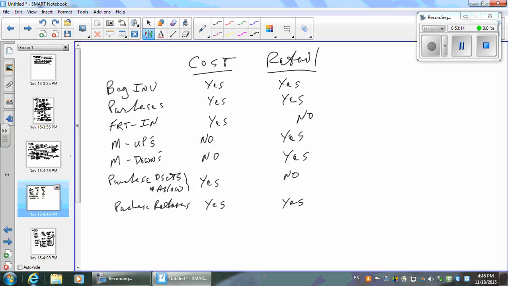Does it affect your inventory? Yes, it comes back in, doesn't it? So I think on a sales return, and the author didn't say this, it's the one that they didn't agree with us on, I think on sales returns it's yes and yes. What about sales discounts? Sales allowances? No, that's going down under sales, right?